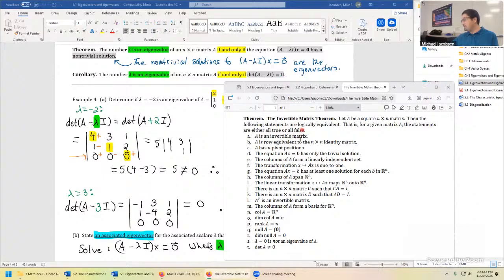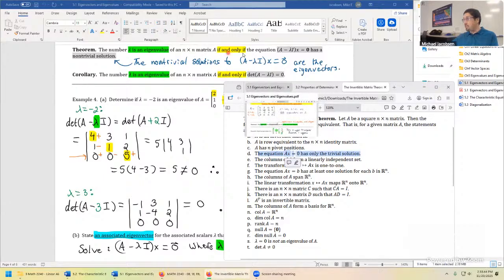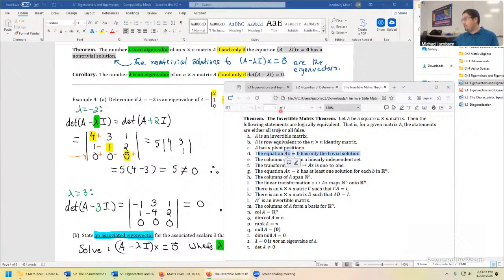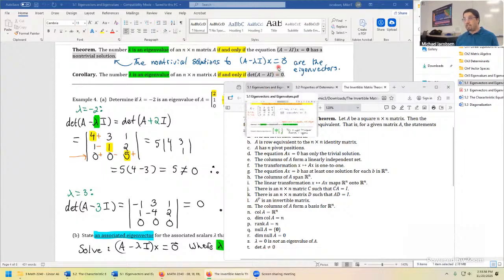Non-trivial solution means this part's false, where it says only the trivial solution. Since that part's false, and because this is a square matrix, even if we subtract lambda times I this whole thing is still square, we go down here and negate this statement and say the determinant of A minus lambda I is zero. So that's pretty much the key. We use that equation right there in section 5.2 to actually find the eigenvalues.